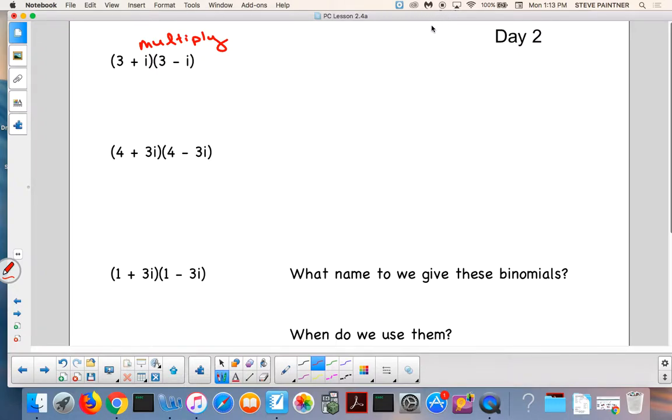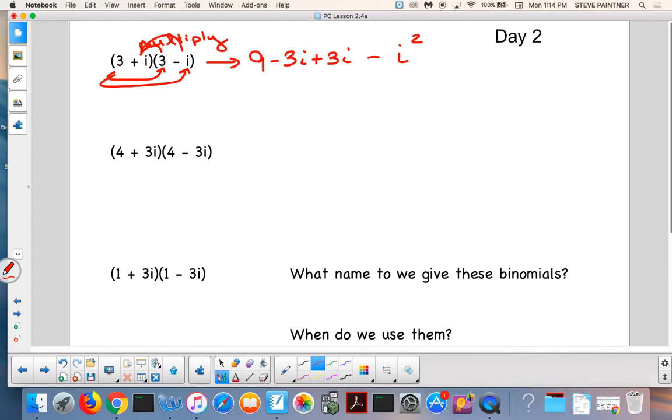And then, once you multiply the first one, will you multiply the second one? Is that about what you got when you FOIL it out?